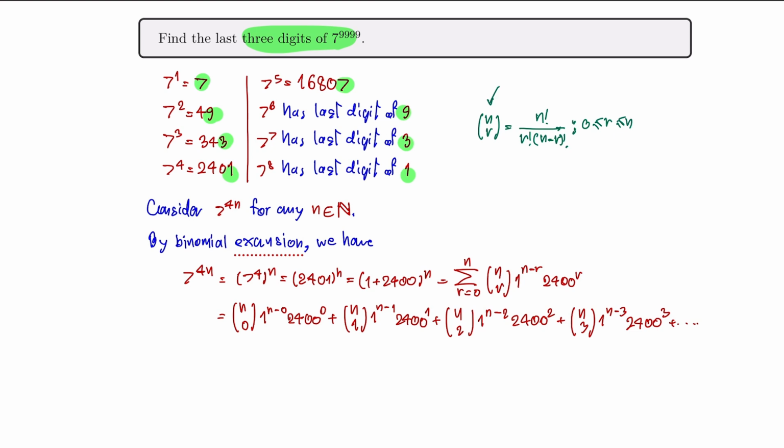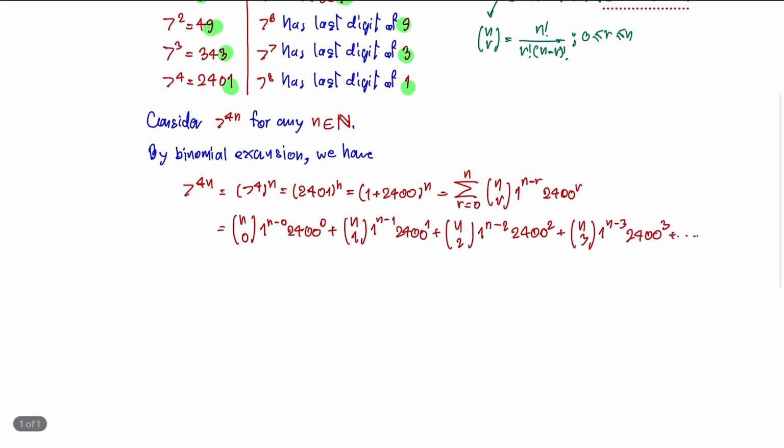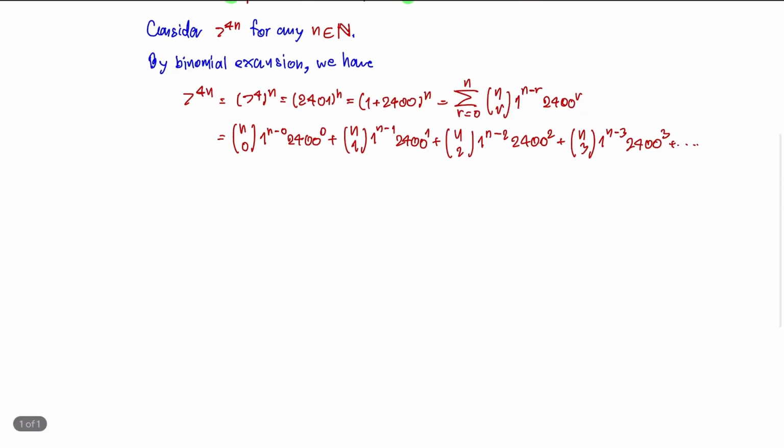This is the combination, which we learn in combinatorics. It's a fraction of factorials. So n choose 0 is n factorial over 0 factorial times n minus 0 factorial.